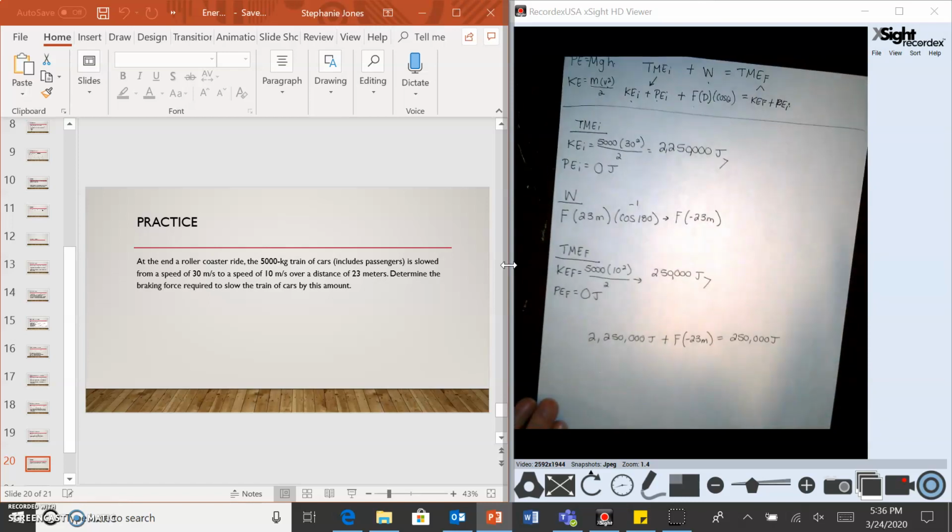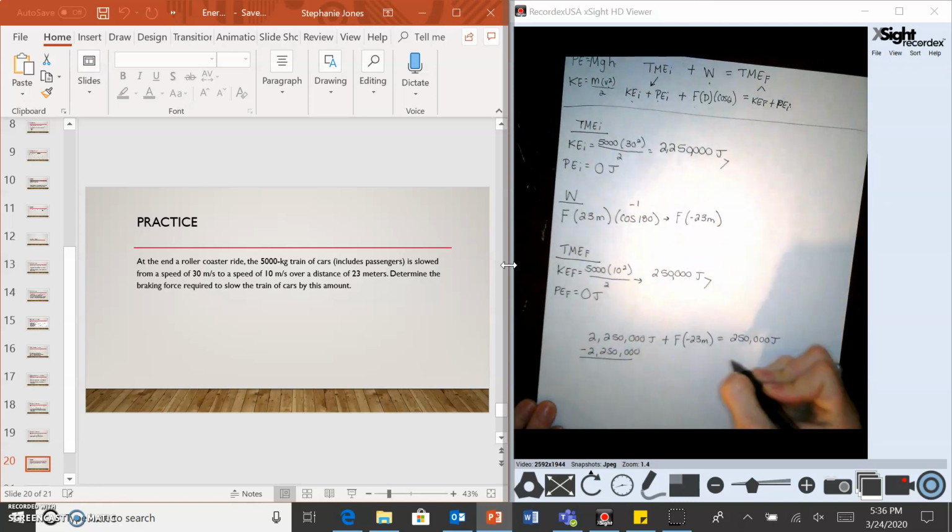So this is the whole formula that we're going to be using, and we're solving for F. So the first thing you want to do is subtract your total mechanical energy initially from either side.